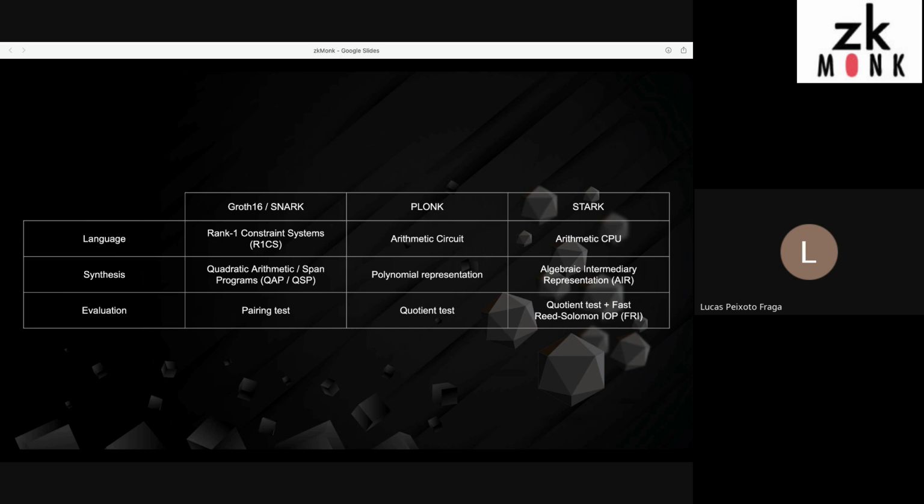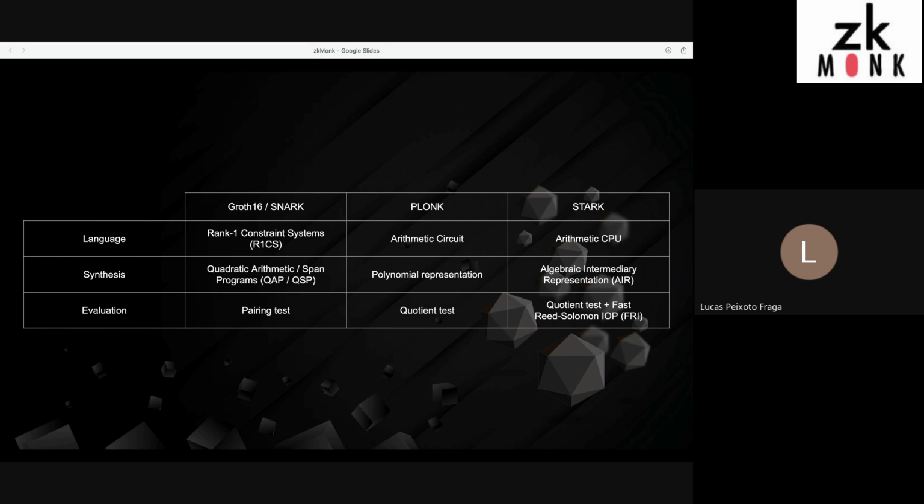I don't see differences at all. I don't think they should have different names. But it's something very clever, and it was state of the art once. And they use a pairing test to evaluate the QAP or the QSP.